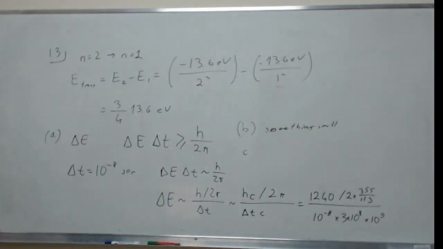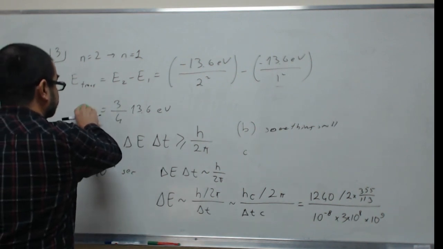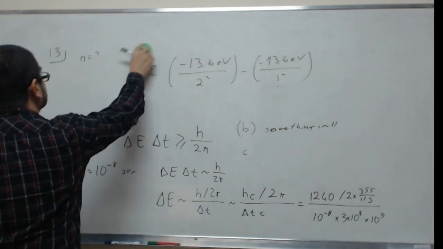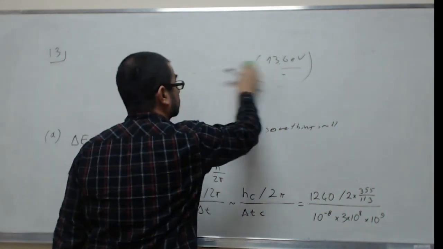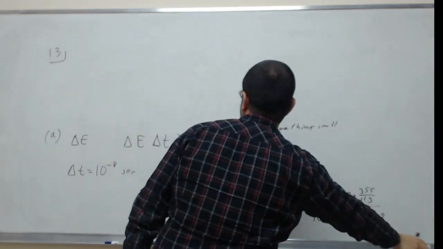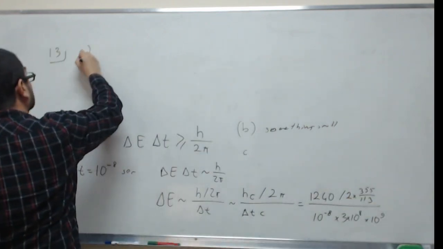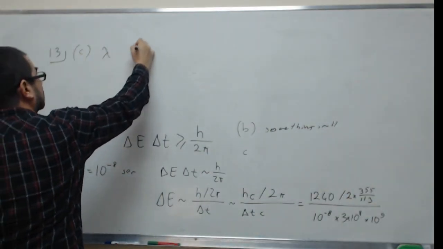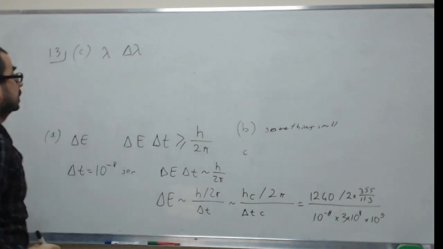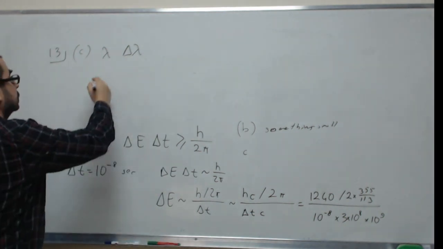Now part C is what is the wavelength and width in nanometers of this line in the spectrum of hydrogen. So let me erase this. This is something we can remember. We want to calculate the lambda and the uncertainty in lambda.